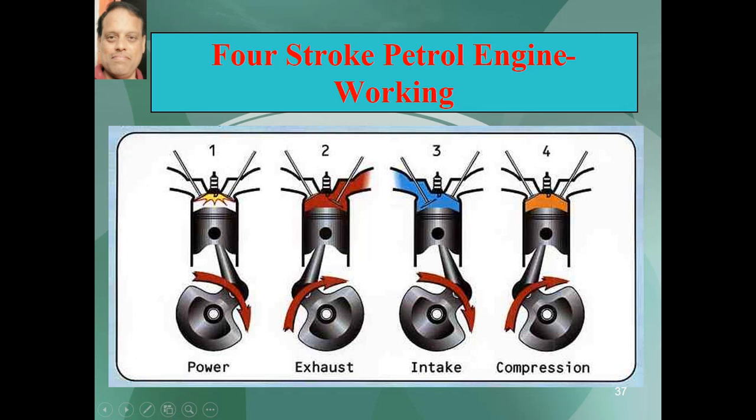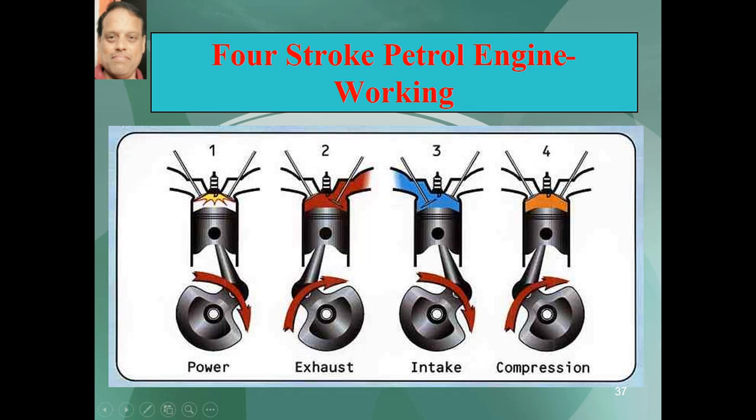Next, during the next downward movement of the piston, the inlet valve is timed to open. During this time, the pulling of air, that is the charge, takes place inside. From the carburetor, a fresh charge is introduced into the top of the cylinder. So this is 1.5 revolutions.